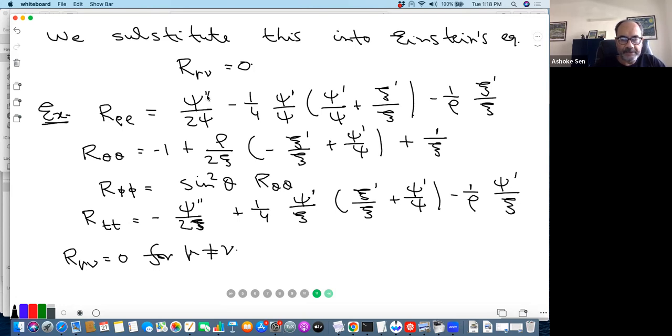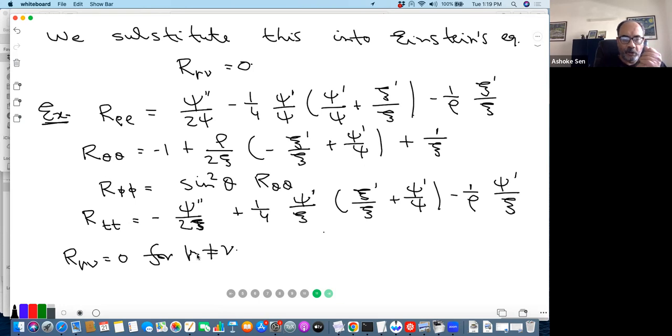So psi double prime is basically two derivatives of psi, and so on. Similarly, R theta theta becomes this, R phi phi becomes this, and R tt becomes this. And R mu nu, when mu and nu are not equal, are all zero, so they don't provide any new equations.